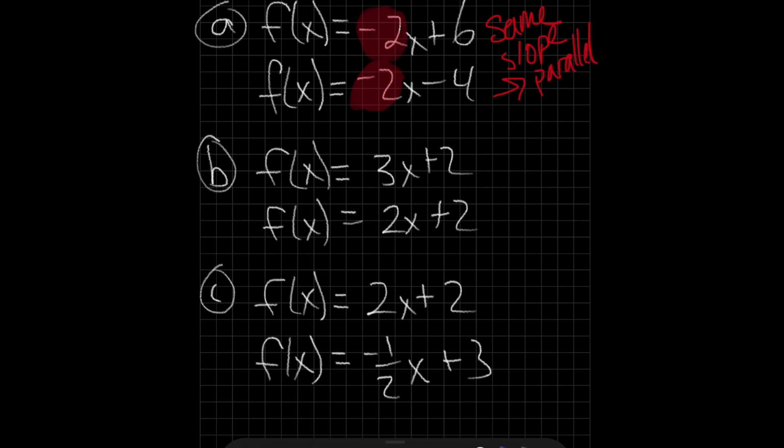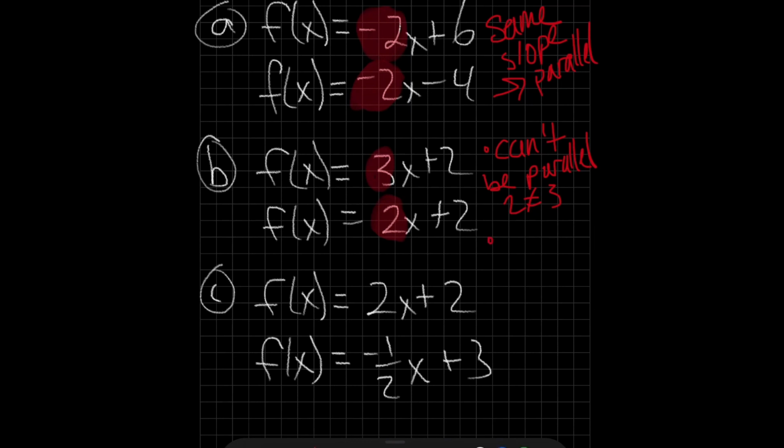For B, for this pair of lines, again, I look at the slope. It's not the same. 3 and 2 are not the same. That's your math fact for today. 3 and 2 are not the same, so they can't be parallel, since 2 is not equal to 3. So we need to check to see if they're perpendicular.